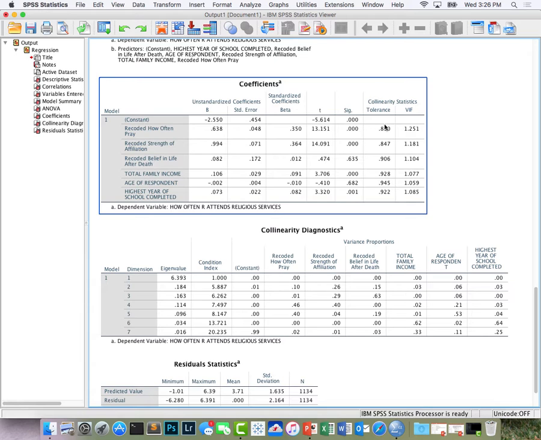So we'd have to add the square of income. It could be a cubed relationship, sort of a sideways S. We might add that in just to see if it matters. We're not going to do it here, but that could be another thing you might add.